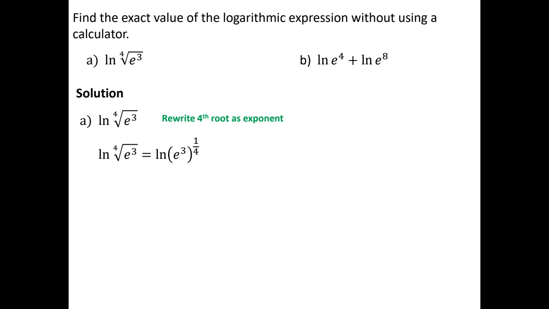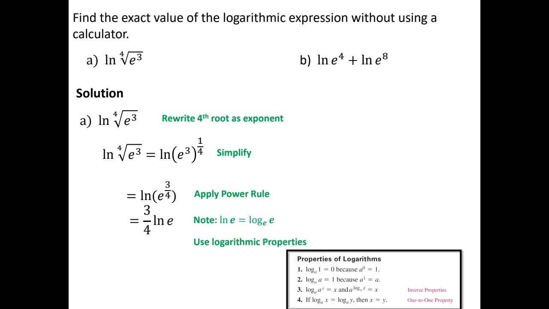Now on this one, I have to apply my power rule for exponents, which says that when you have an exponent to another exponent, I'm going to multiply the exponents. So then I have the natural log of e to the 3/4 power. Then I use my power rule that says when I have an exponent on a log, I'm going to multiply the exponent to the log.